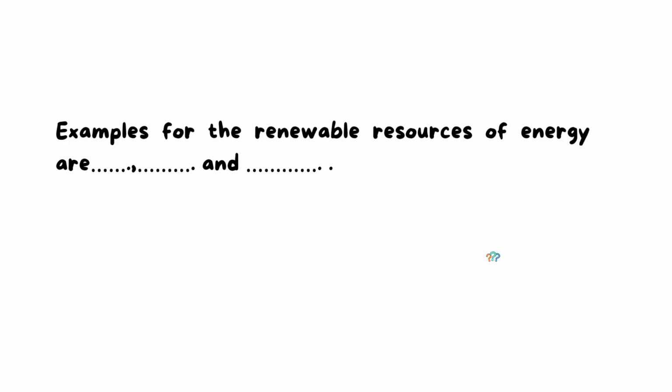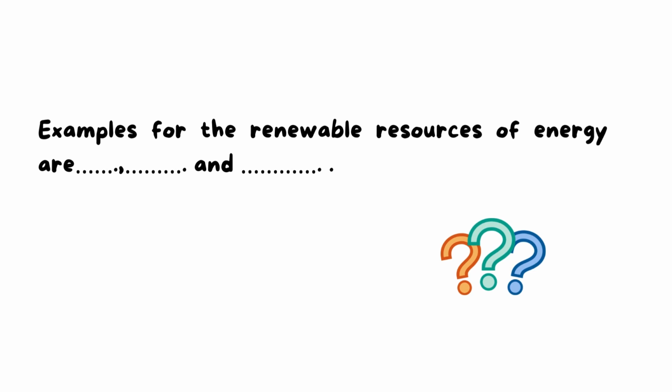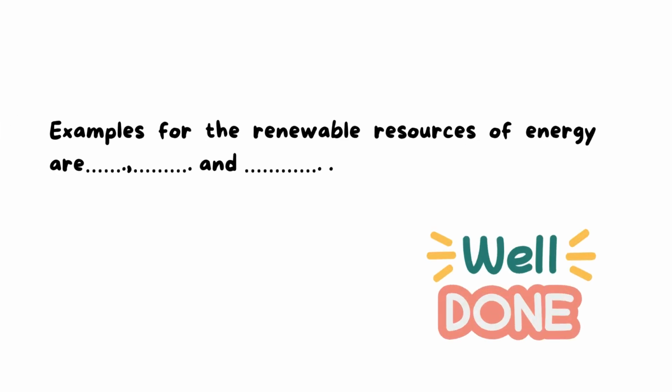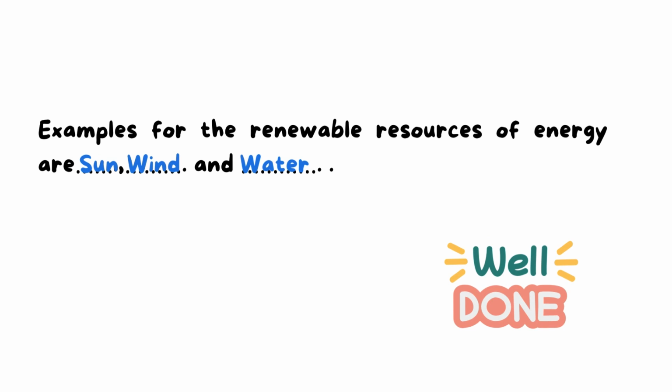But first, we need to answer this question, okay? Examples for the renewable resources of energy are, we have 3 blanks here. Yes, examples for renewable resources of energy are sun, wind, and water. Okay, so well done, primary 4 students.